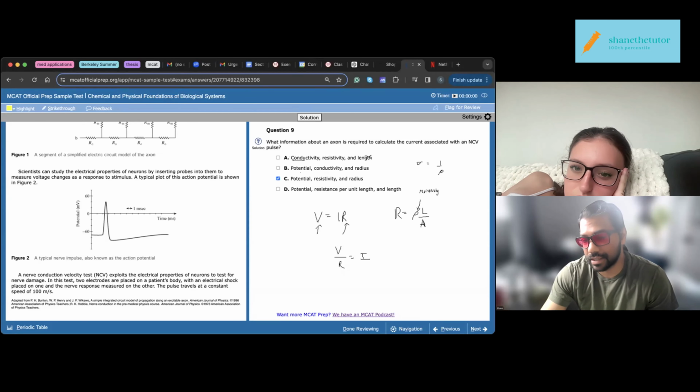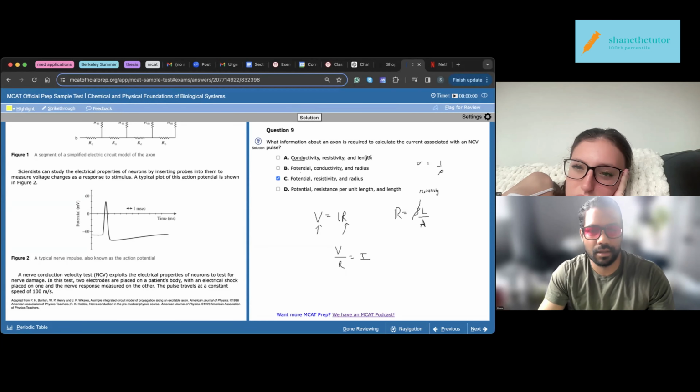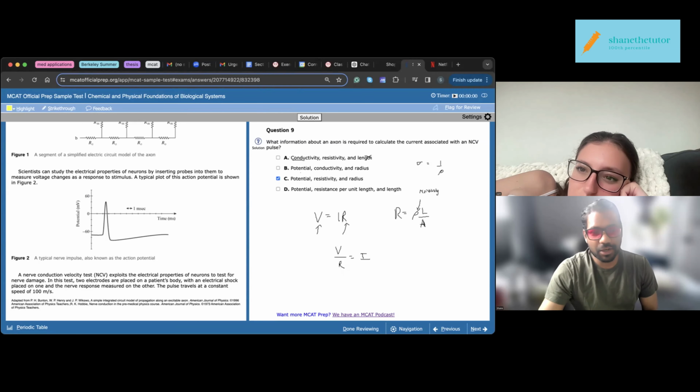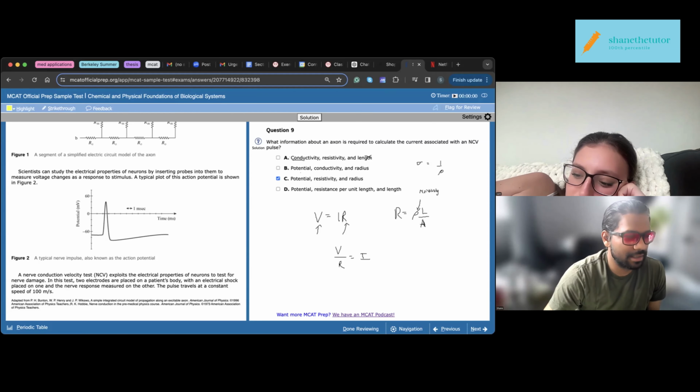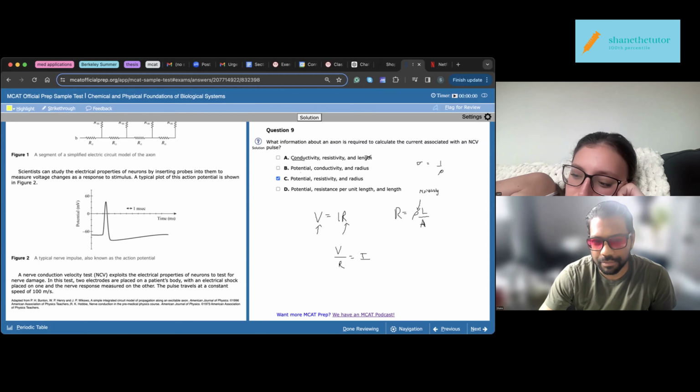MGH is for gravitational potential energy, but in electrostatics and circuits, the potential is voltage.